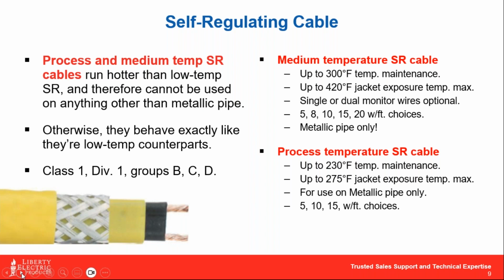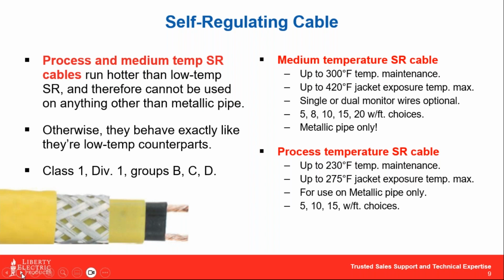These things can basically handle up to 300 F outputs. They can handle up to about 420 degrees of maximum exposure temperature. So because of its higher tolerances for heat, this is a product that we would strongly recommend to not put on plastic or PVC-based systems.